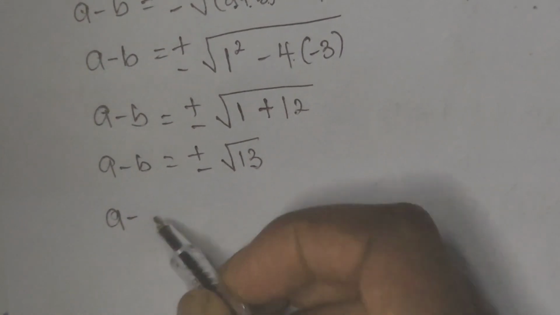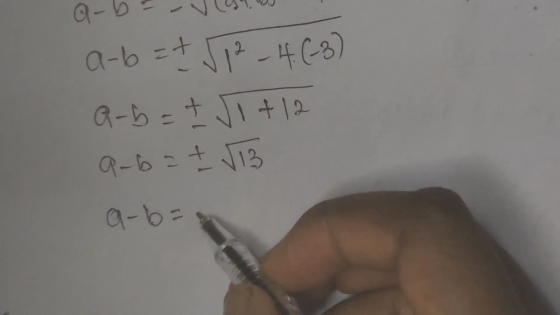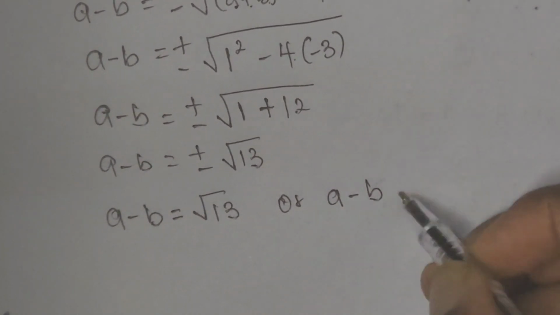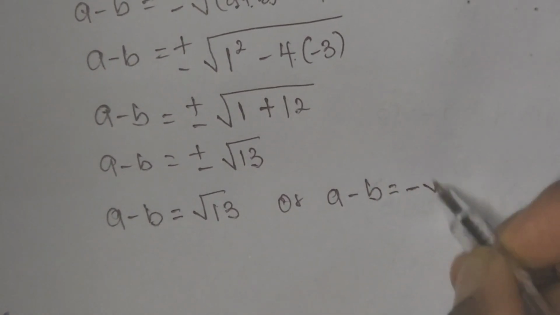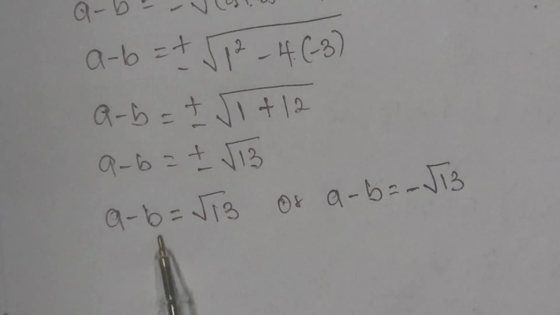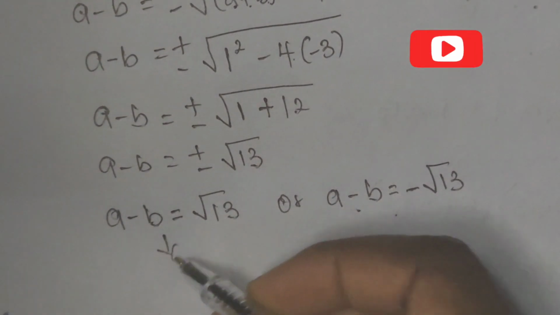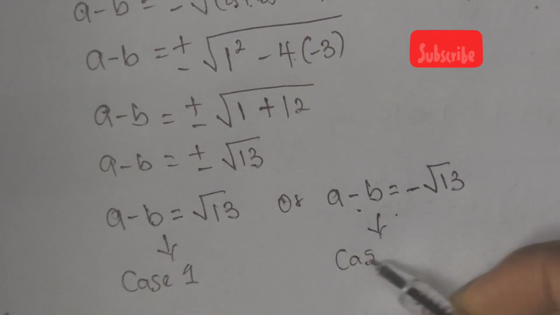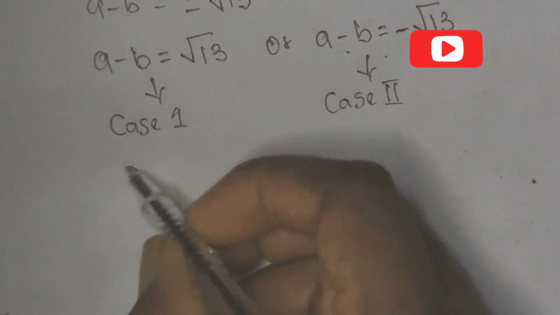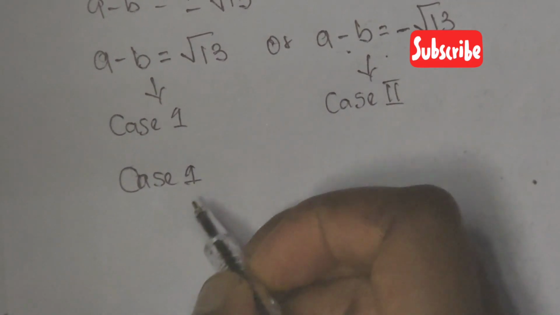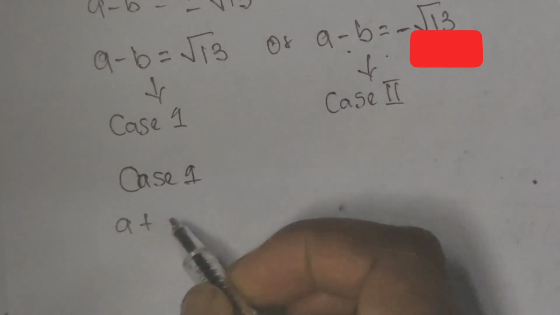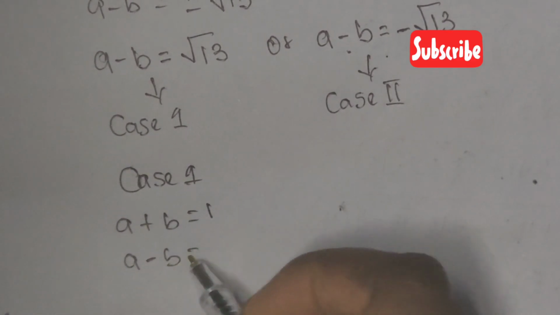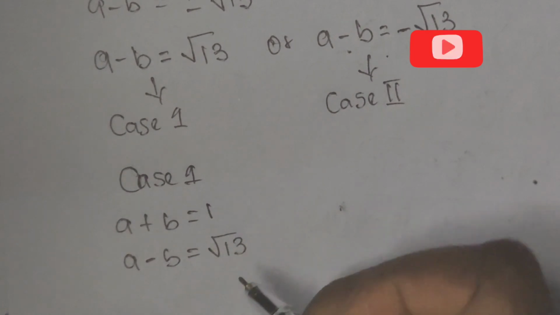This simply means that a minus b is equal to root 13, or a minus b is equal to minus root 13. So we'll be considering these two. So this is case 1 and this is case 2. So let's consider case 1. Recall that a plus b is equal to 1, and our case 1 is a minus b equal to root 13.